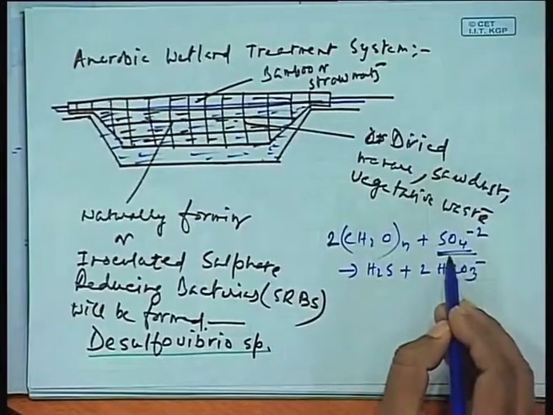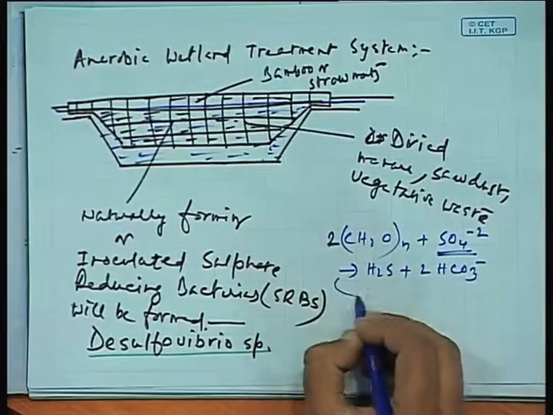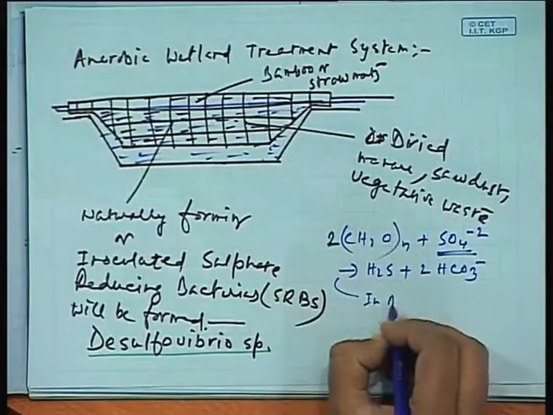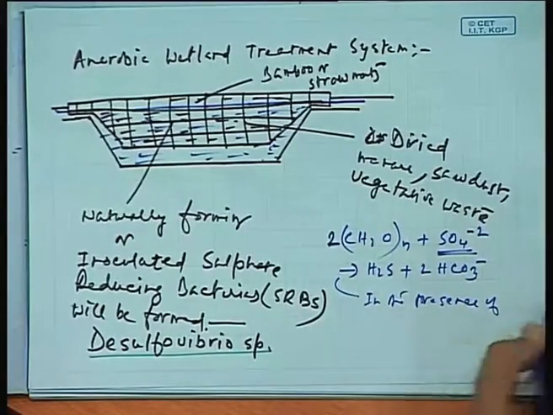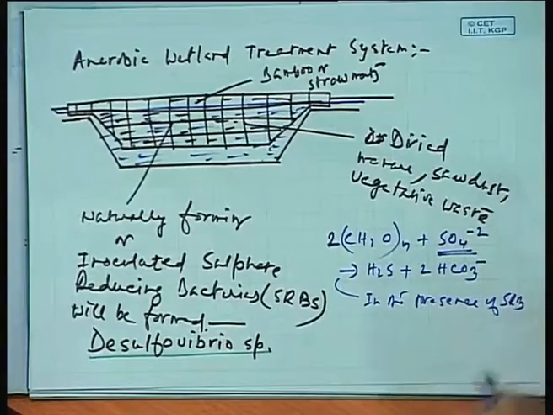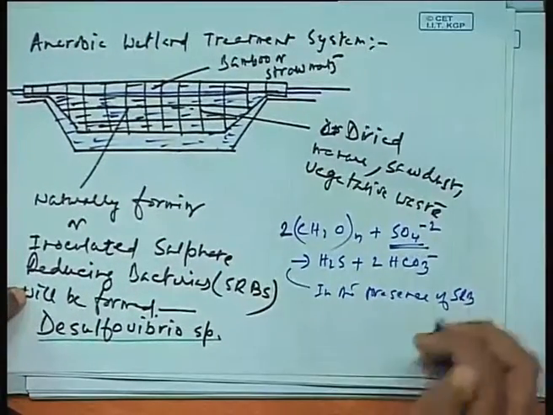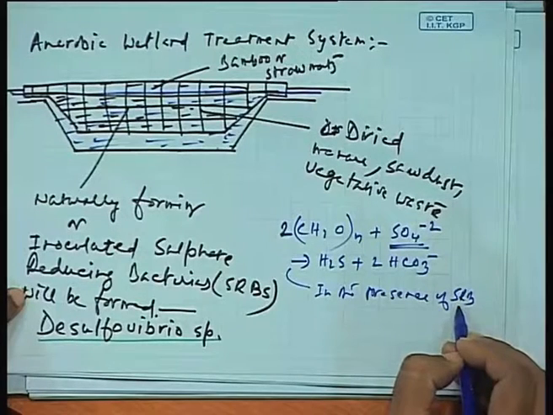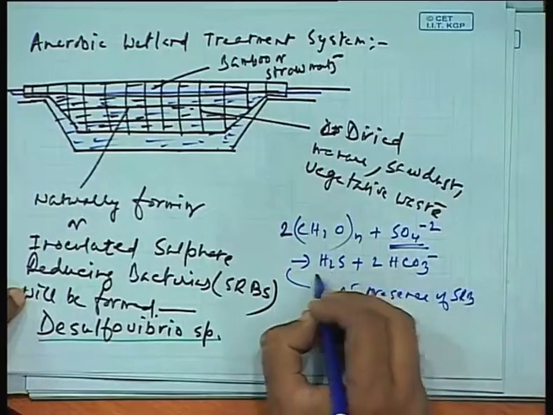This CH2ON reduces the sulfates in the presence of SRB, sulfate reducing bacteria, forming H2S.